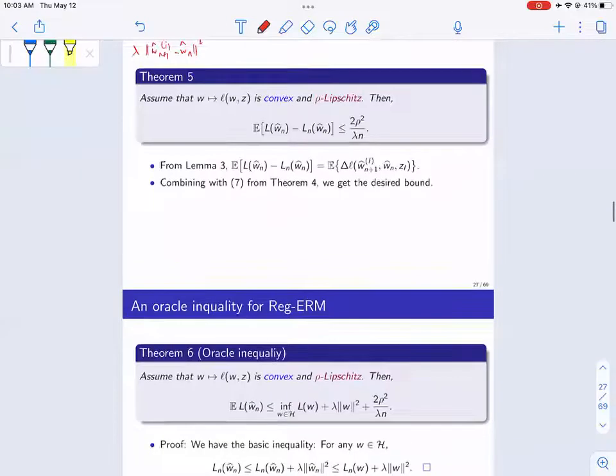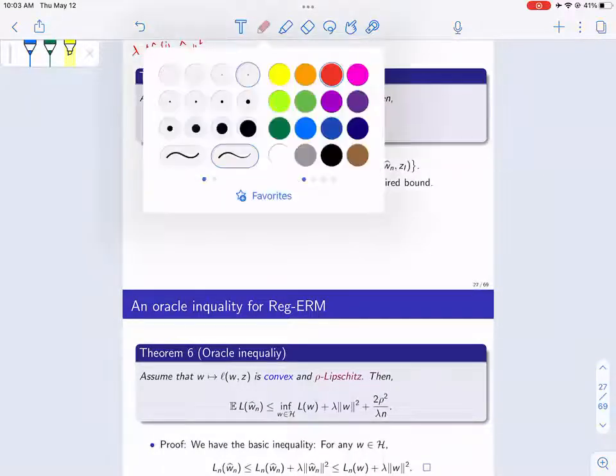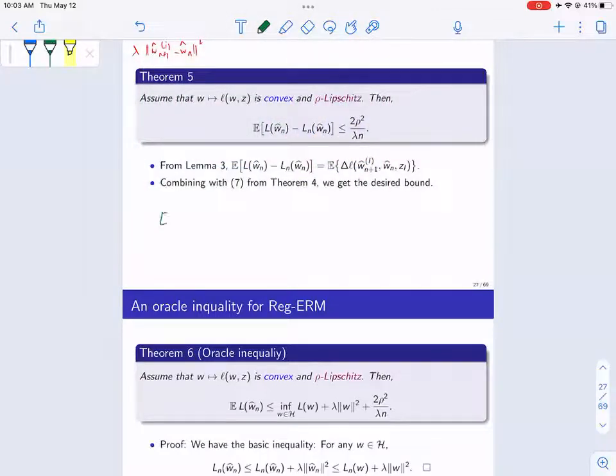What I want is basically the expectation of L W hat n. I want to bound this. I can write this as the expectation of L_n W hat n plus the expectation of the deviation.